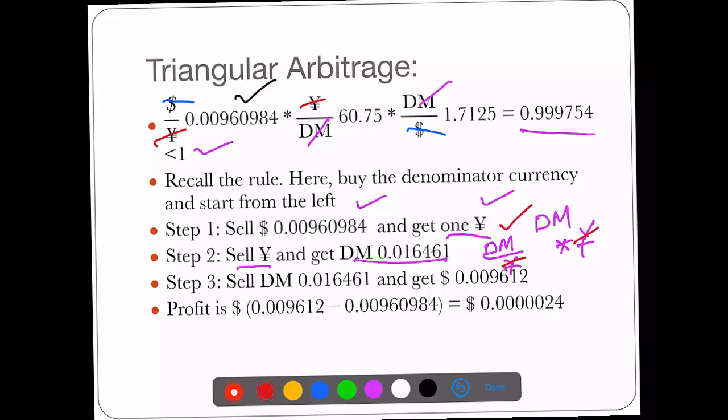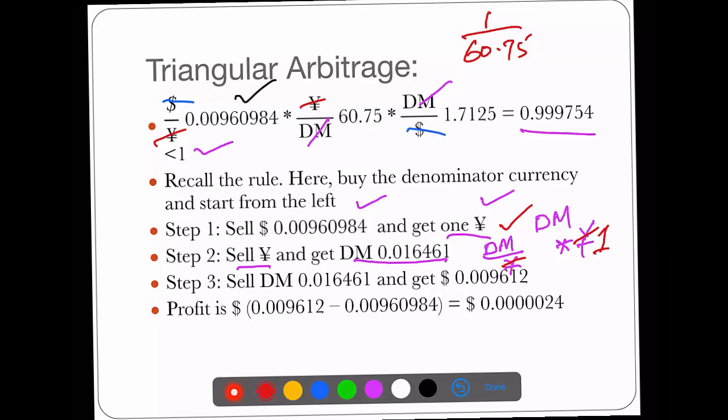So the yen was already there, 1 unit of the yen, but the currency over here is 60.75 yen per Deutschmark. So take the reciprocal, meaning divide 1 by 60.75.